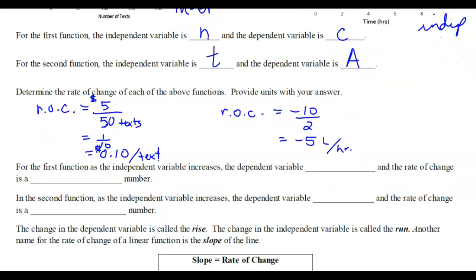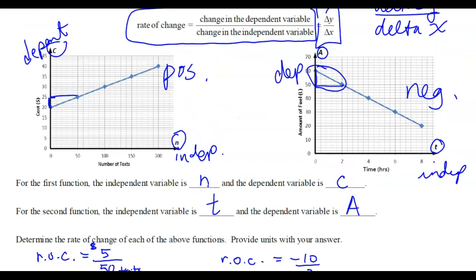So for the first function, as the independent variable increases, the dependent variable increases, and the rate of change is a positive number. Right? So as the x increases, the y increases, so this is a positive rate of change. Next one, as the independent increases, the dependent decreases.